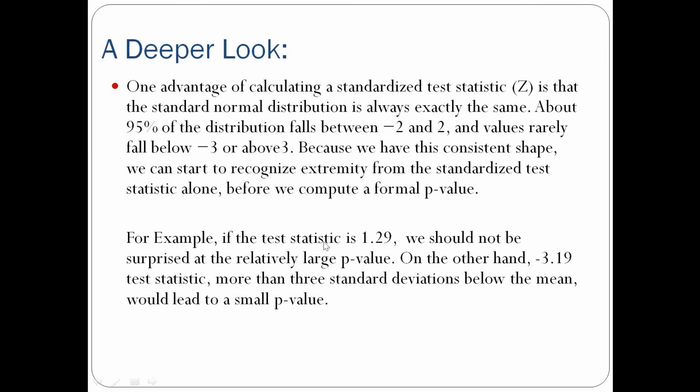So if your Z-score is 1.29 or 1.25, like example 5, we know that the p-value will be relatively large. However, if our Z-score is toward the extreme, meaning larger than 2 or less than -2, then we will have a more extreme value, meaning our p-value will be relatively small.